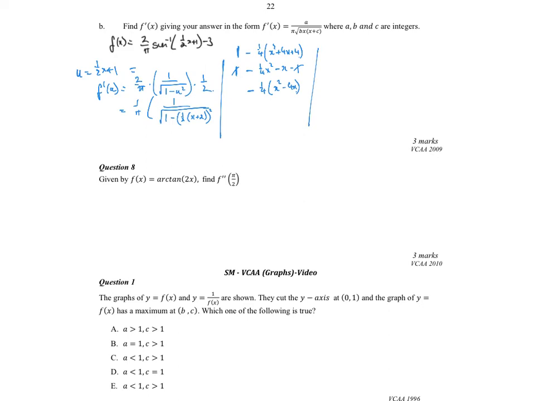So therefore, f dashed of x is equal to 1 on pi, 1 over the square root of minus 1 quarter of x squared minus 4x. That looks about right. 1 on pi times, so that quarter in there, let's take the square root of a quarter, which is a half.